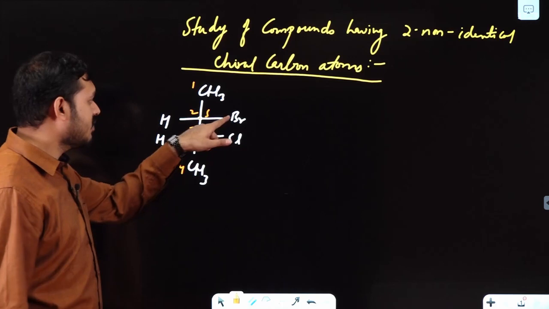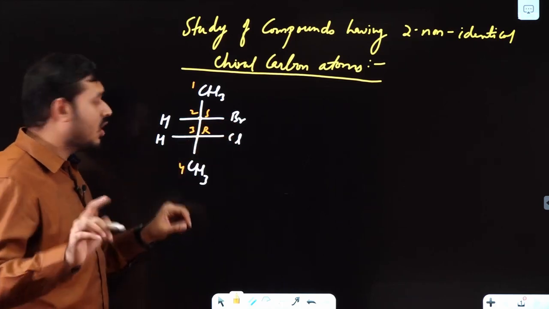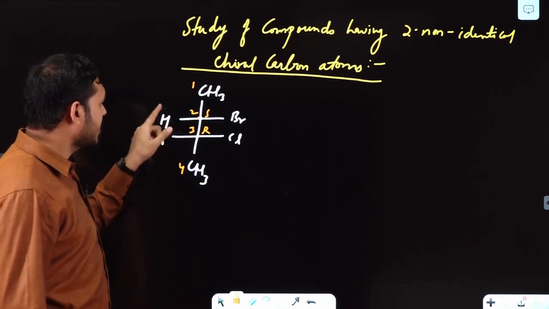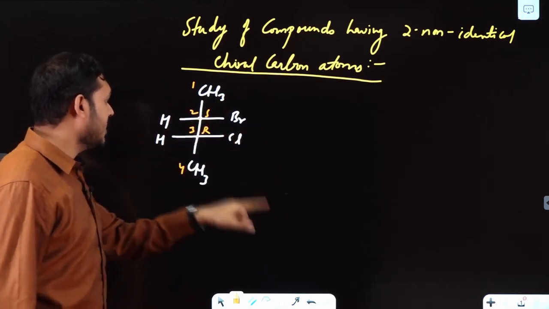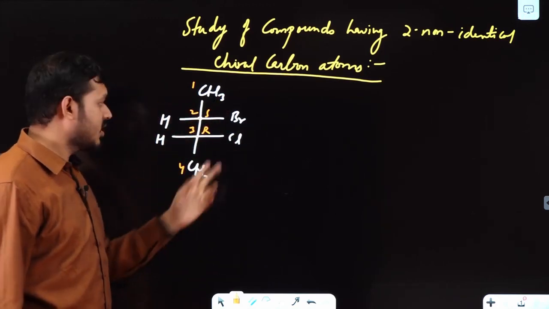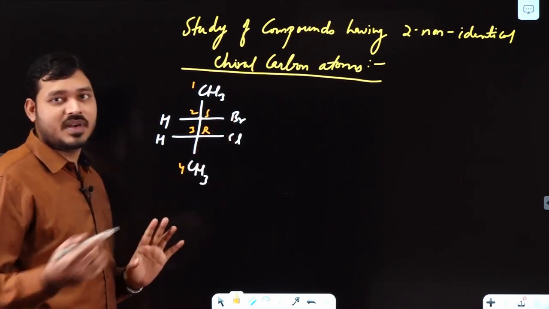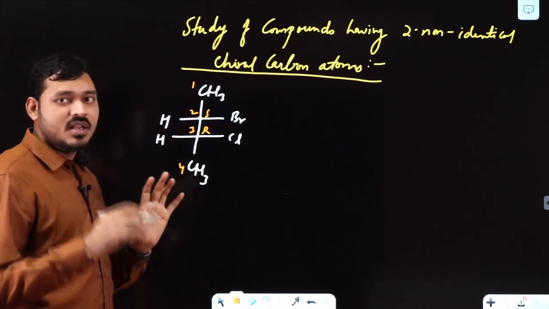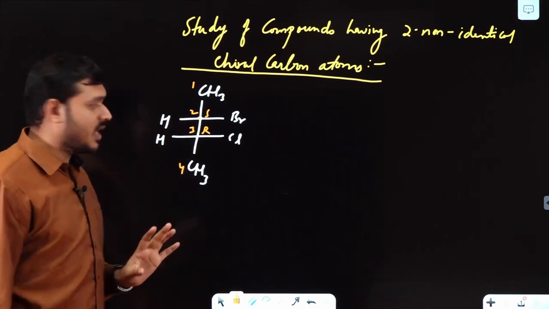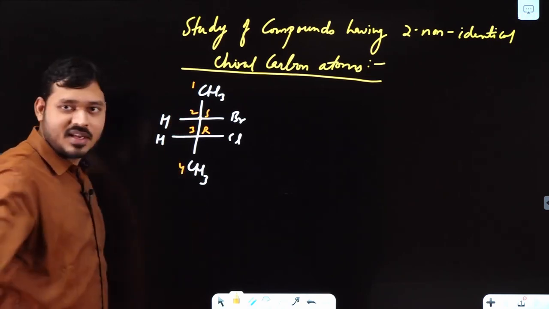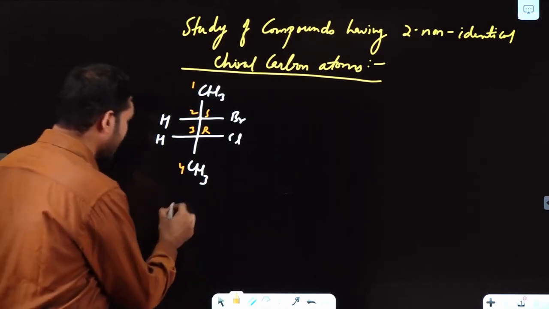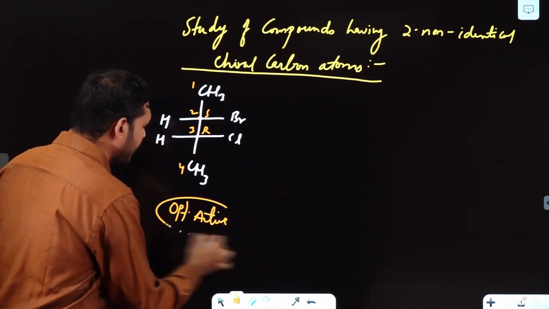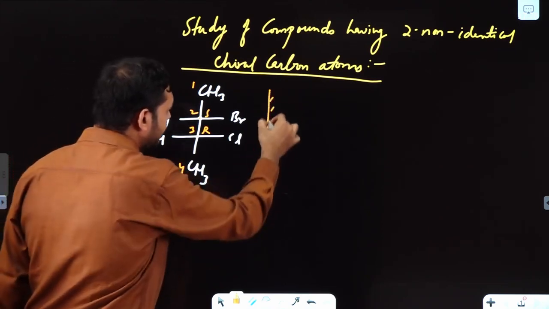Why? Because this one is bromine and this one is chlorine. Although it is having S configuration, the amount of rotation caused from C2 will be different compared to C3, because chlorine and bromine are different atoms. Okay, clear? So this compound must have some sort of optical rotation. Okay, let me say theta. Clear? Now this is an optically active compound. So definitely I can draw its enantiomer.